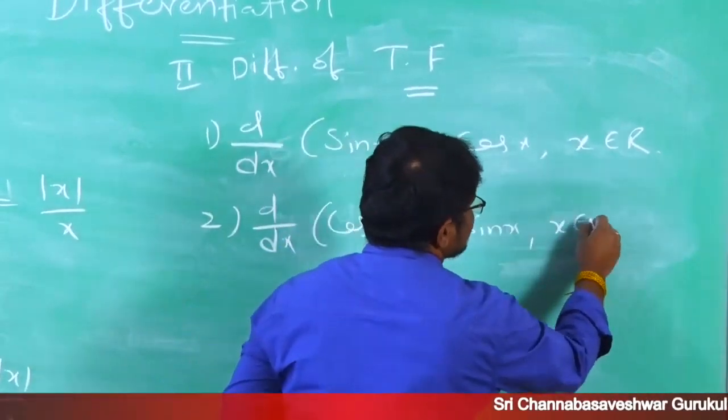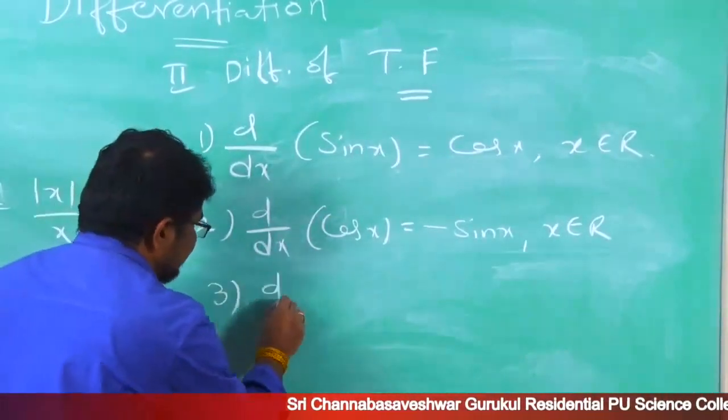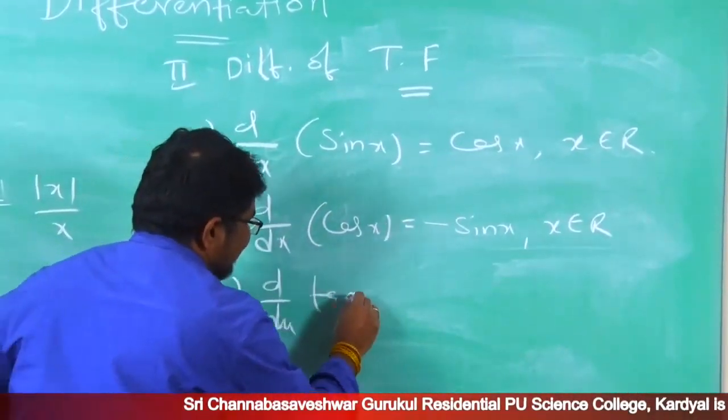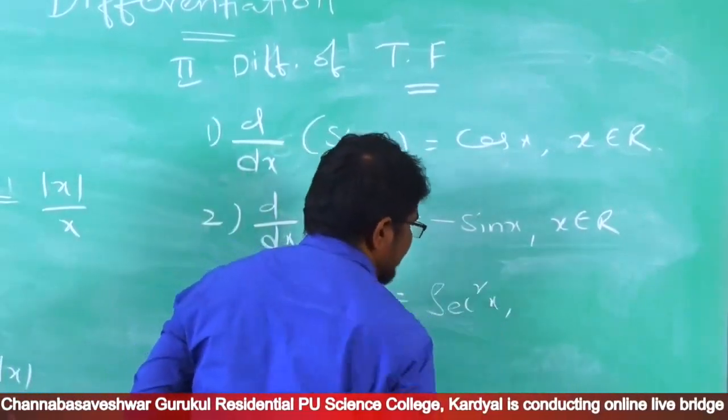Here also x should be a real number. Next, the third one is d by dx of tan x equals secant square x.